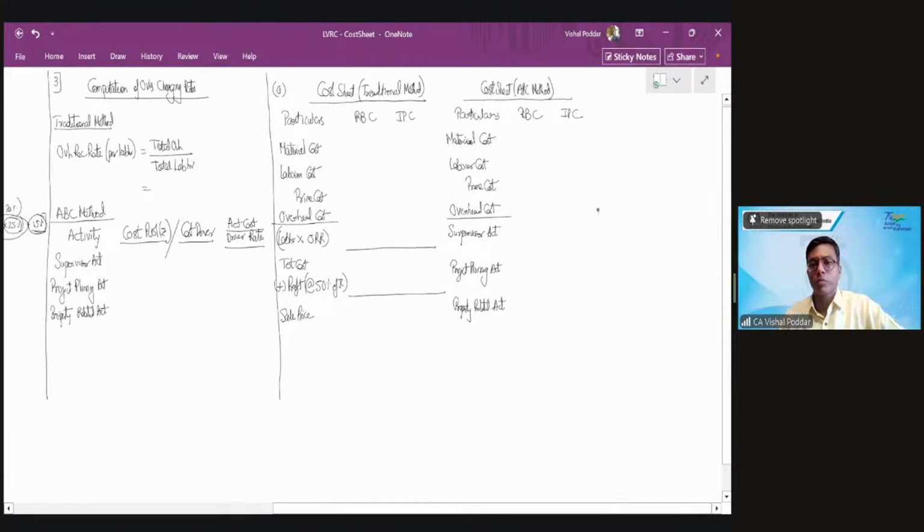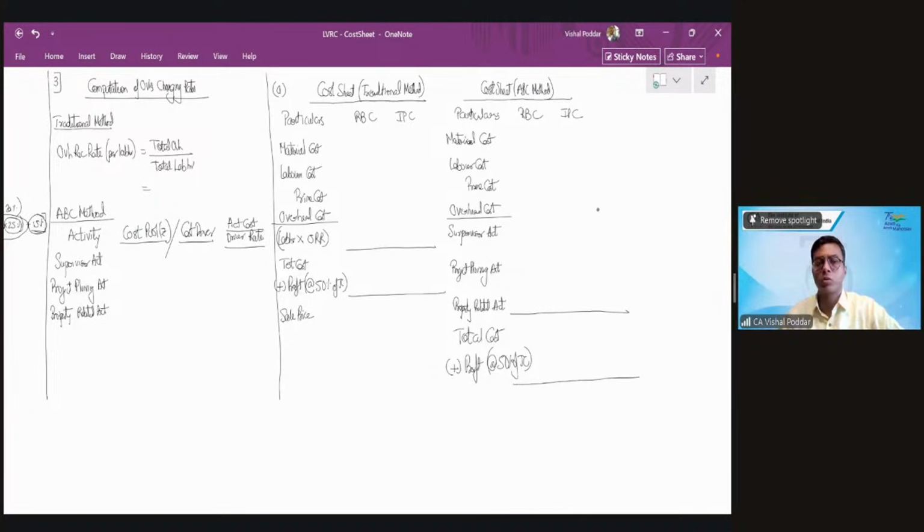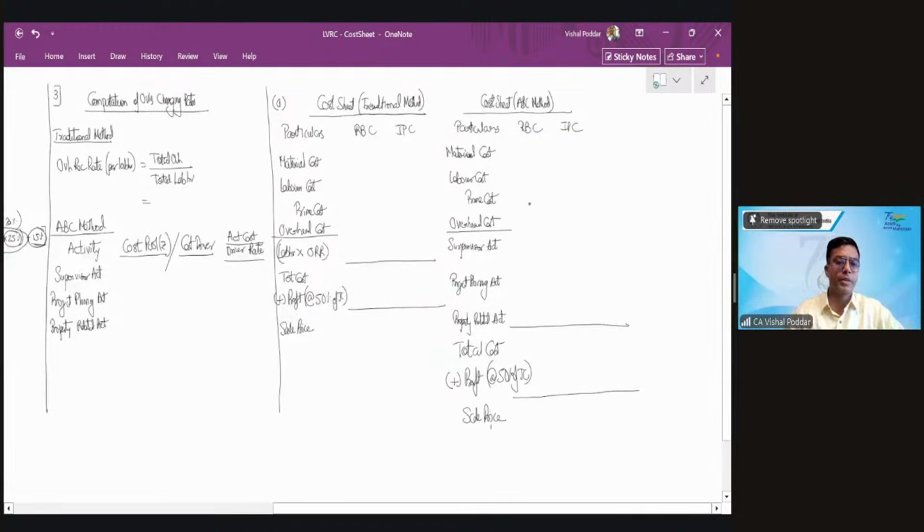You will derive total cost, plus add profit, which is at the rate of 50% of total cost. So you get your sale price. Correct? Okay, completed, students.